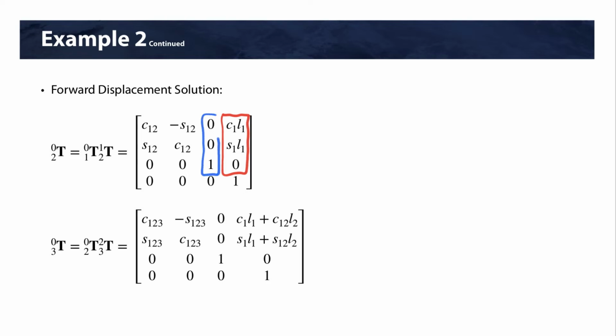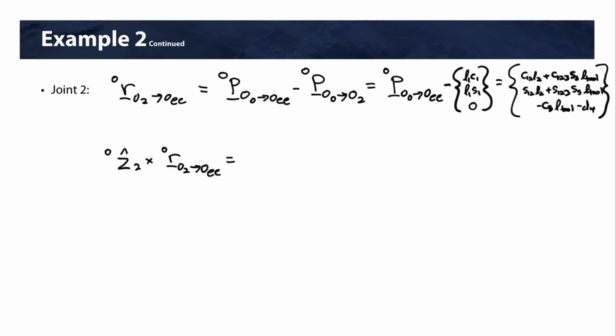And there's Z2 there in blue. Okay, 0, 0, 1. So we're going to have 0, 0, 1 for Z2 cross our R vector, and again I won't write it out, but it's right above here.